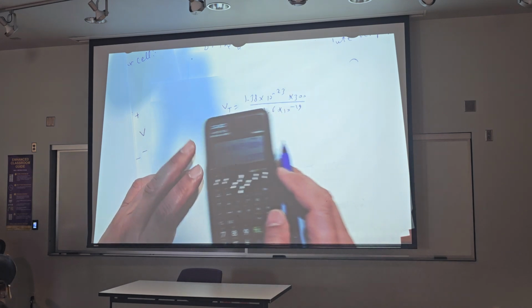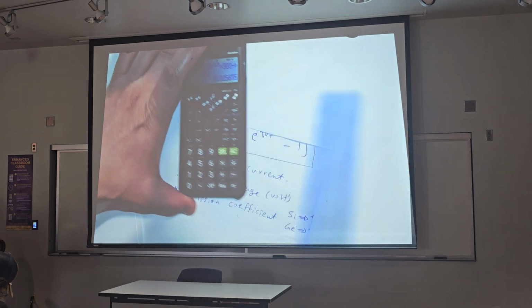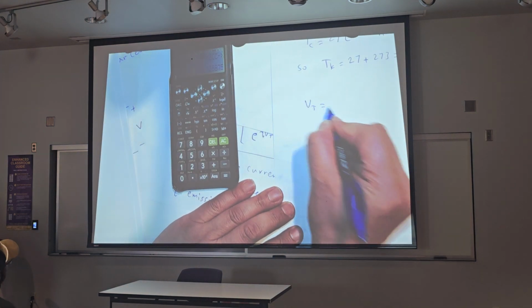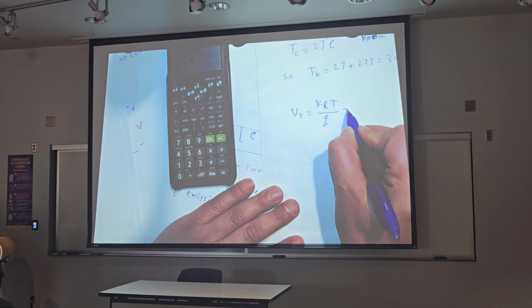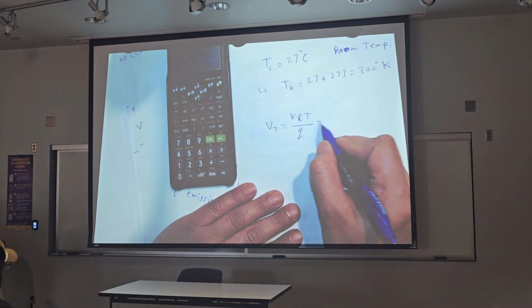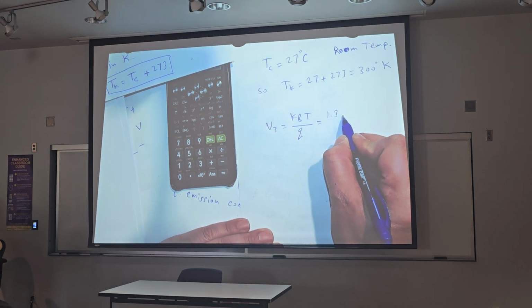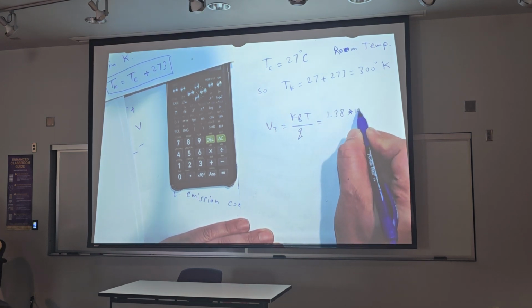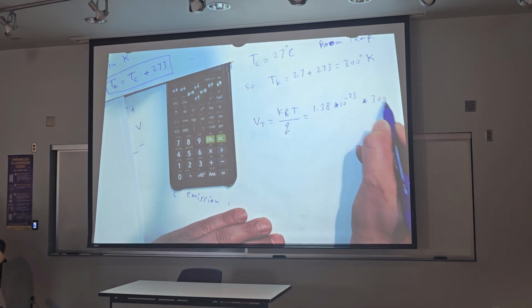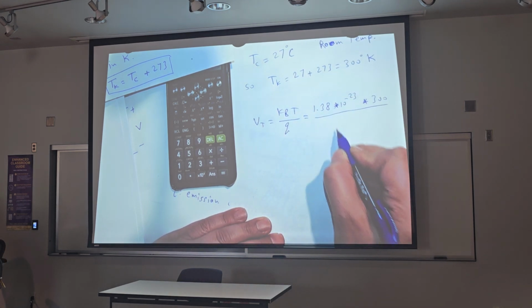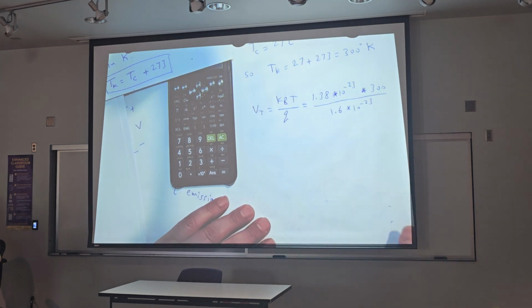Okay, so VT equal KB T divided by Q, KB equal 1.38 times 10 power minus 23, times temperature 300, given Q 1.6 times 10 power minus 19 coulomb.